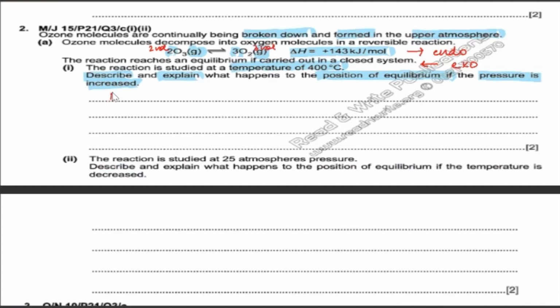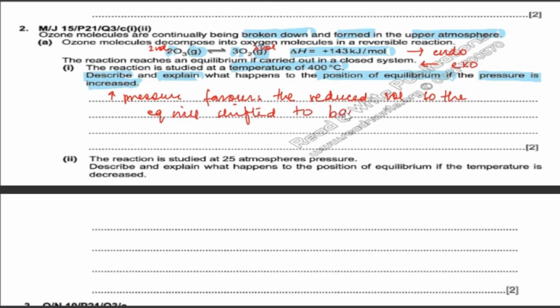So we'll write down that the increase in pressure favors the reduced volume. So the equilibrium will be shifted to the backward direction.